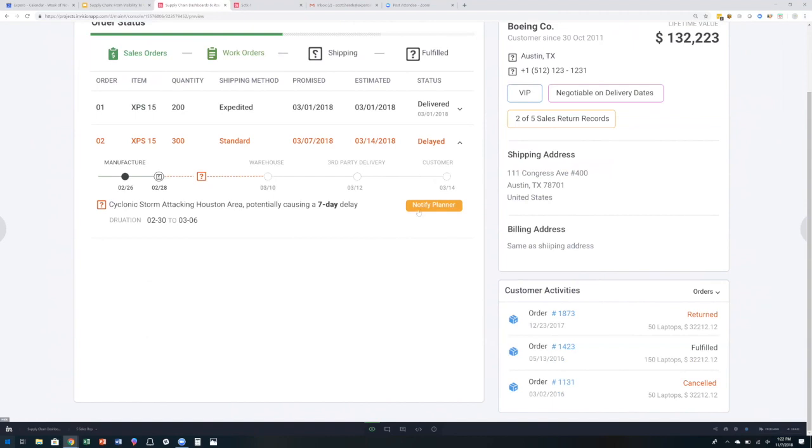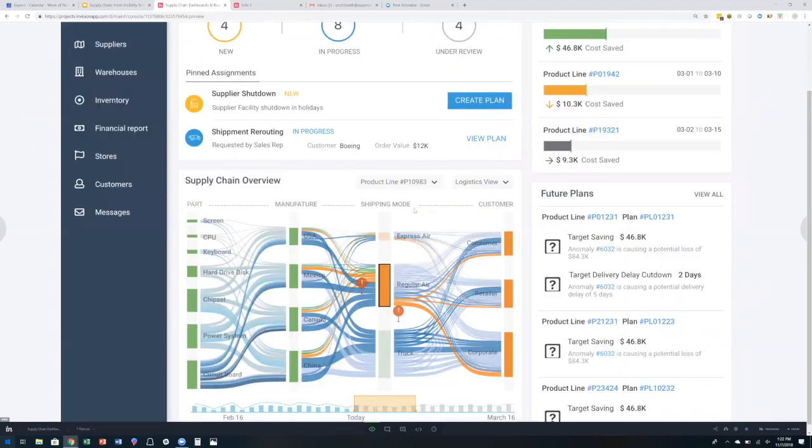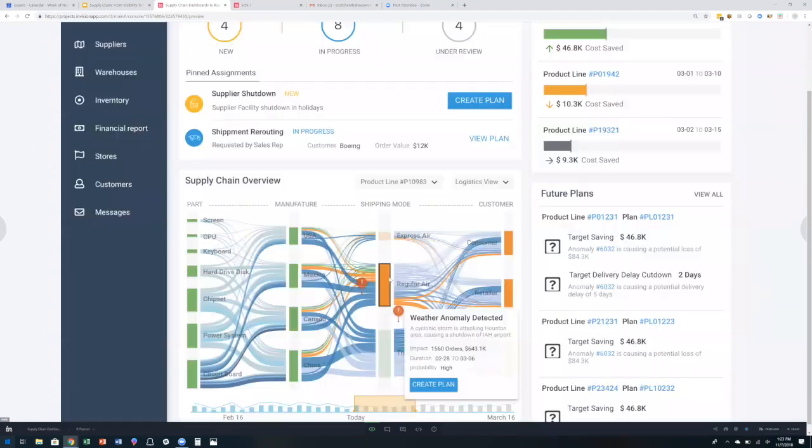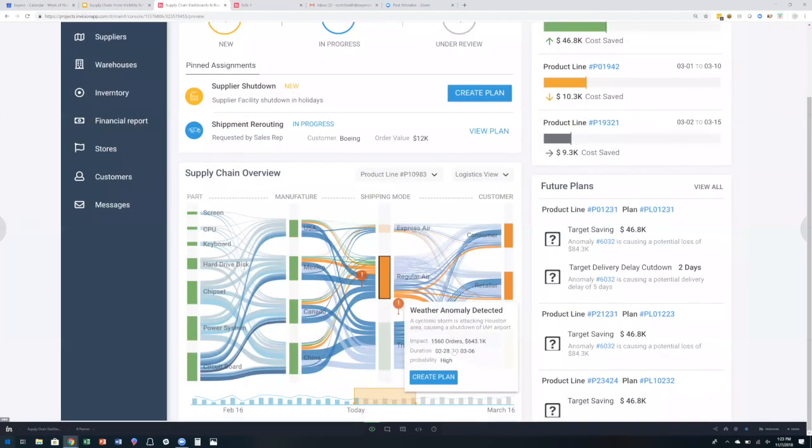In this case, the planner is querying the graph and realizing, well, no, it's not just one order. Via the Sankey chart, it is perhaps impacting multiple orders, multiple retailers, as well as consumers and corporate. So the return on investment in being able to reroute this has perhaps moved from tens of dollars to millions of dollars. You can see here in the middle, sure enough, there's this weather delay, and it shows me what my impact is.